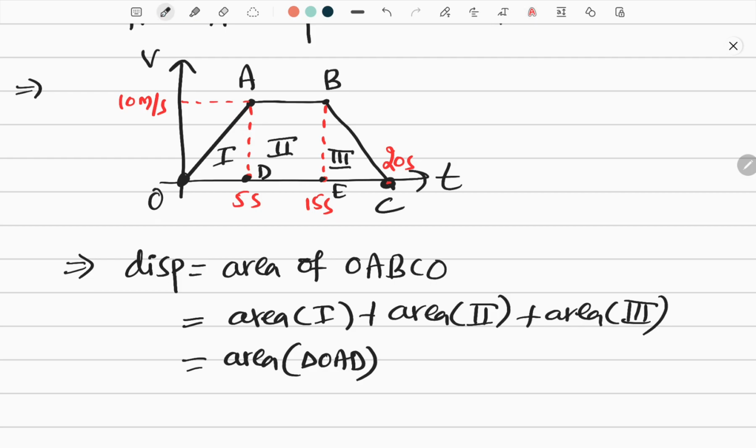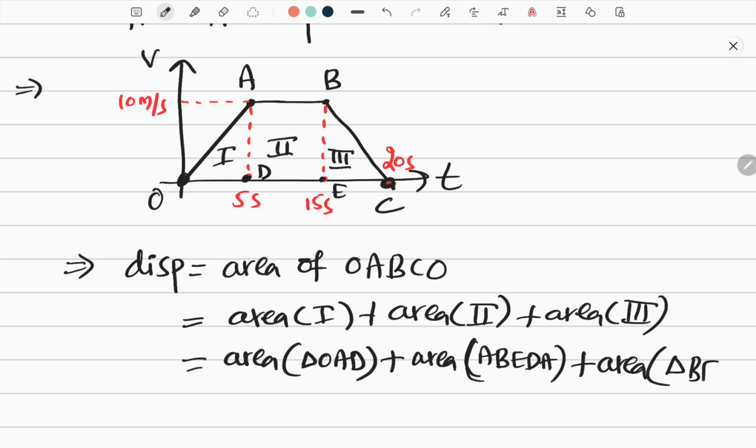Then plus the area of the rectangle ABED, back to A, so this is the second part. And the third part is the area of triangle BEC.